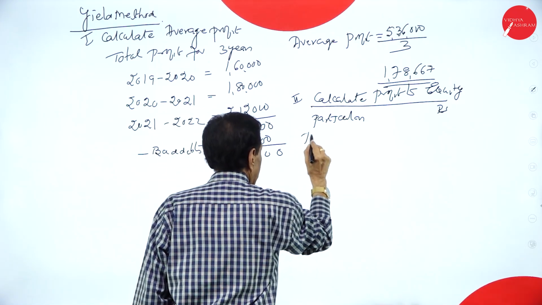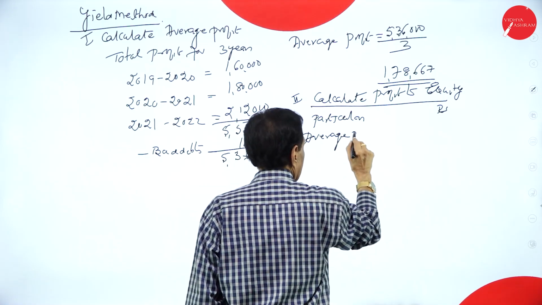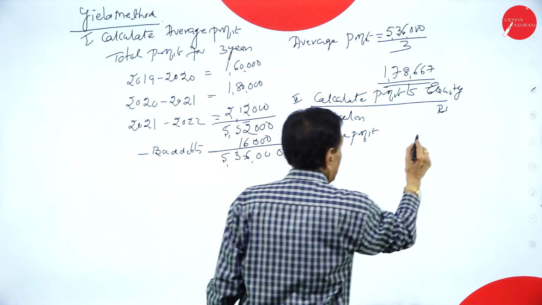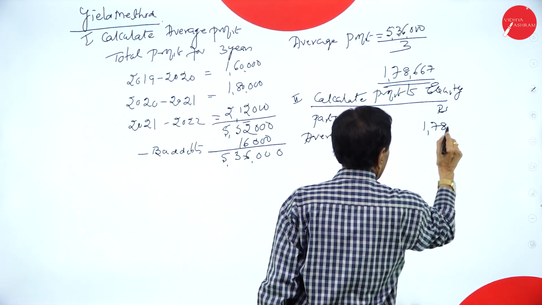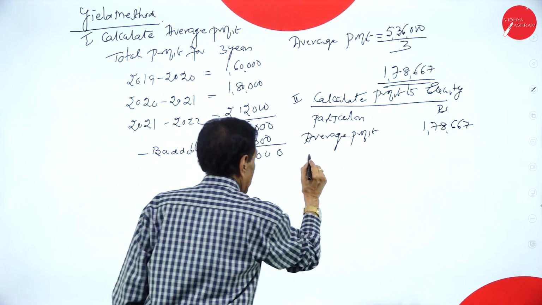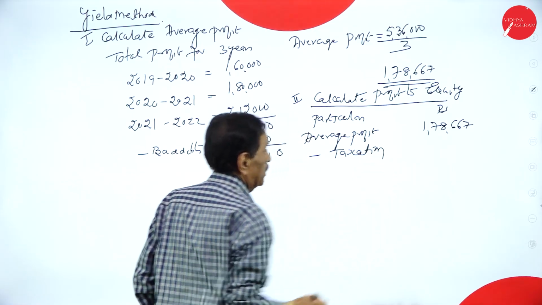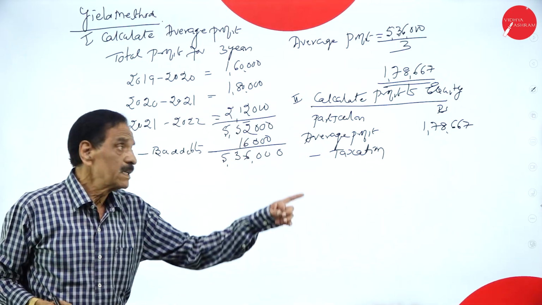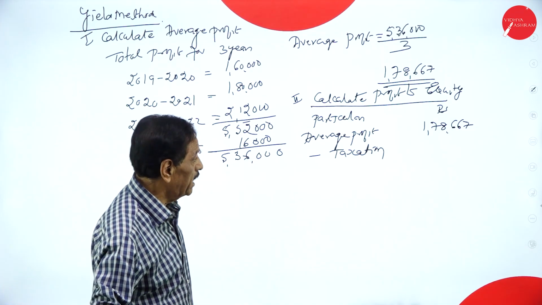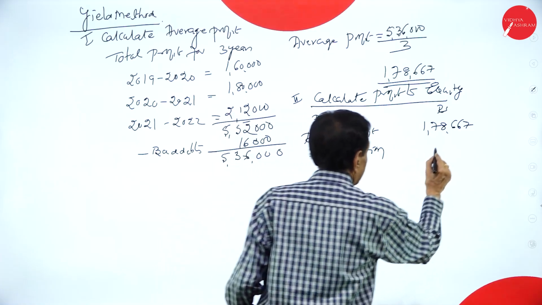Average profit as per working, 1,78,667, minus taxation. What's your average profit? 1,78,667 minus tax should be deducted. As per the problem, is any taxation there? Nil.